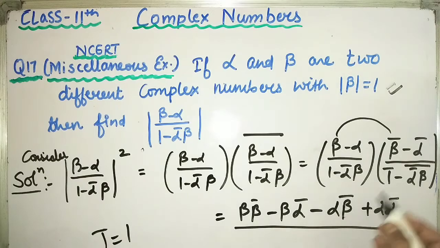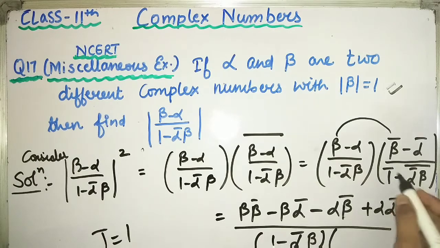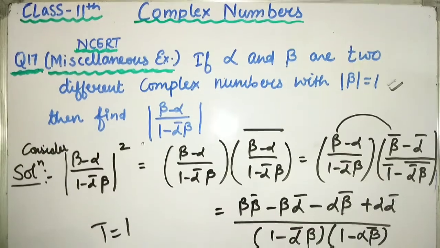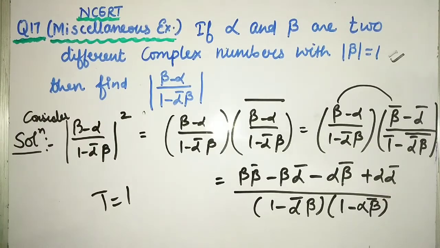So let me rewrite it once again. 1 minus alpha conjugate beta into 1 conjugate is 1, and alpha conjugate, you know it very well, conjugate will be cancelled out and you will get only alpha and beta conjugate, right? Now let's have its multiplication, and you know students, what is beta conjugate?